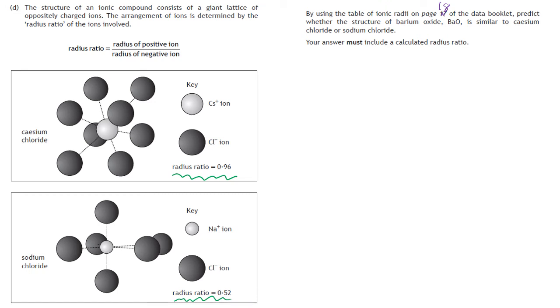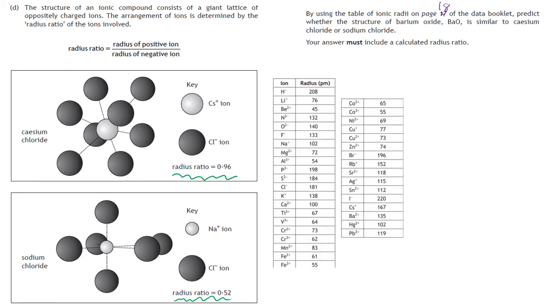Predict the structure of barium oxide. Is it more similar to cesium chloride or more similar to sodium chloride? Well, if we look at ionic radius, so that's the table we have from page 18. If we look for barium, that's our positive ion, so it's going to go on top.